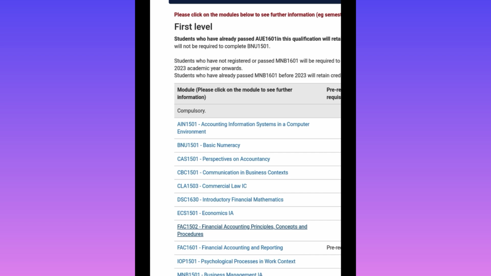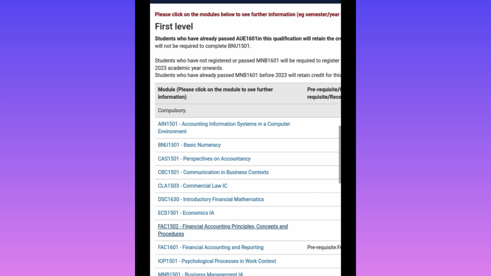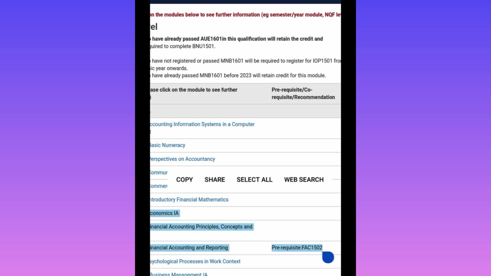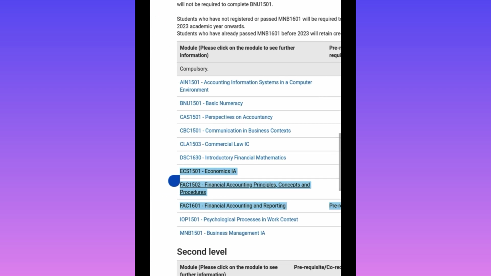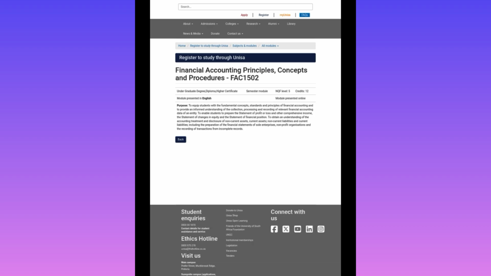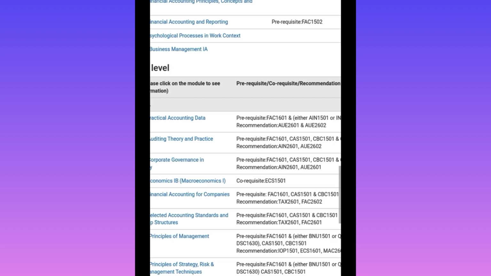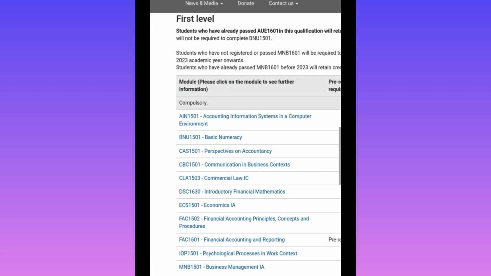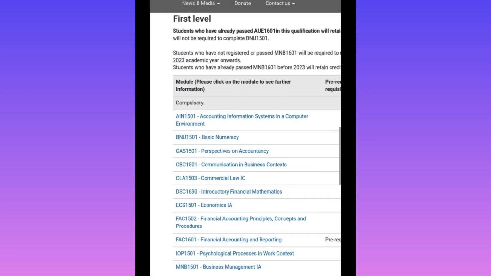And then, you have to pass this module, because as you can see here, it is a prerequisite for financial accounting and reporting.